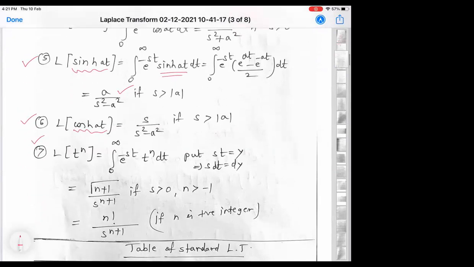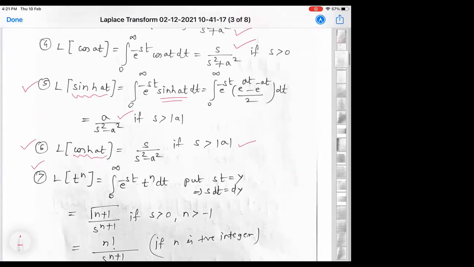Similarly, cos hyperbolic gives s upon s square minus a square for s greater than mod a. Both hyperbolic functions are converted into exponential form like this, and then only the exponential function integration is done.